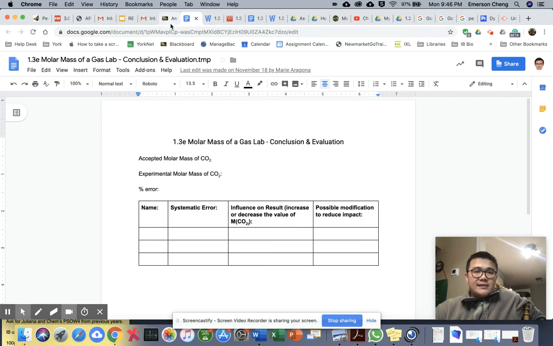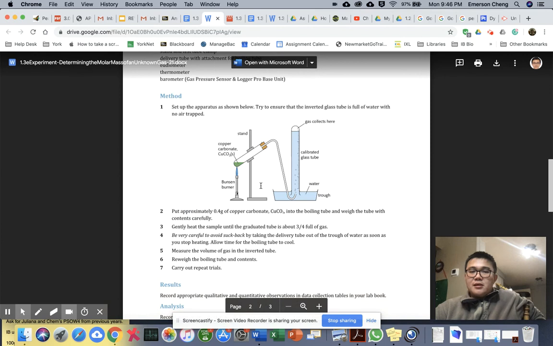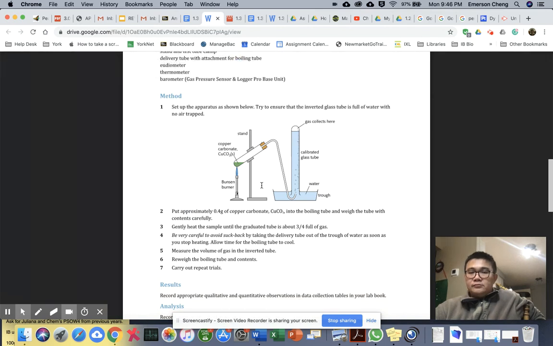Now, if you look at this diagram right now, and especially if you remember your experiments, I'll say a couple of things. This hose here, if you remember correctly, some of you had a really long hose and it didn't really work out.